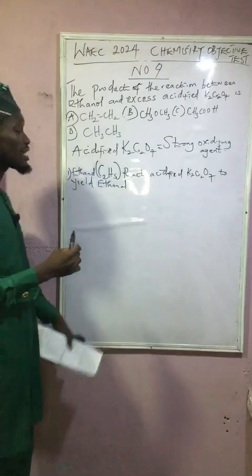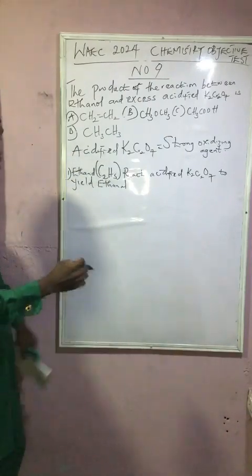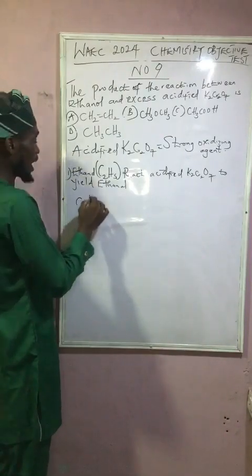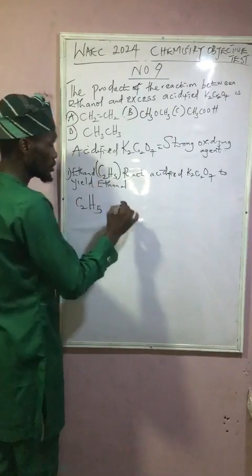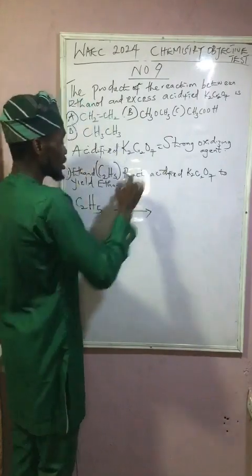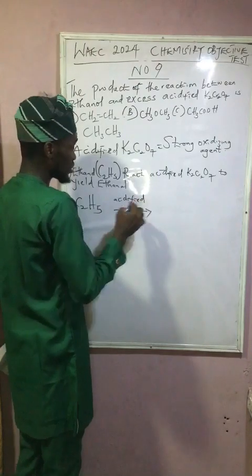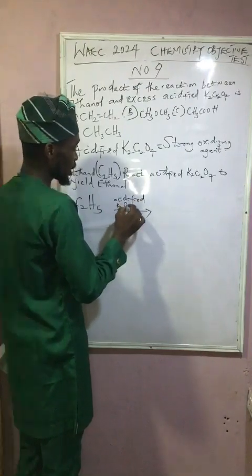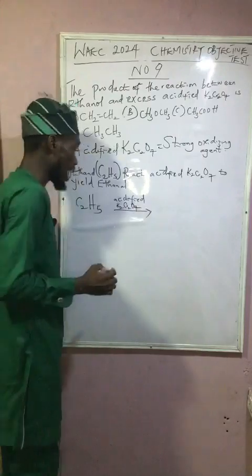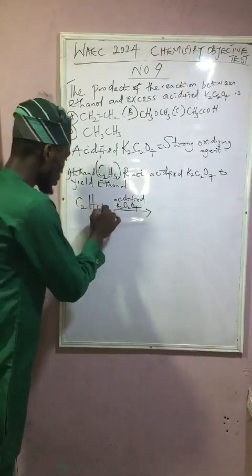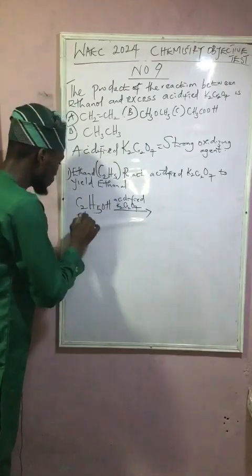So now let's show the reaction. This is it. So we have C2H5OH, then we have acidified potassium heptaoxodichromate. This is what? Ethanol.